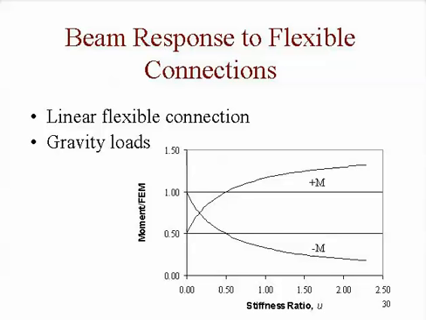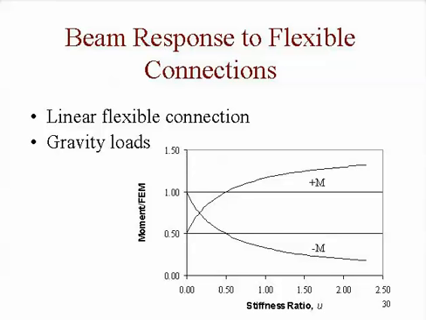Now, the important thing about this diagram is that it shows what is happening to the beam. And it shows that no matter what you do, no matter what kind of linear connection you have on the end of this beam, you're never going to be able to design the beam for a moment less than that value right there.